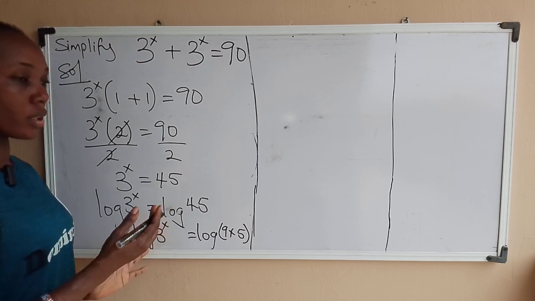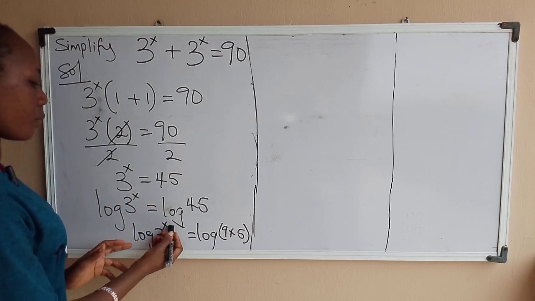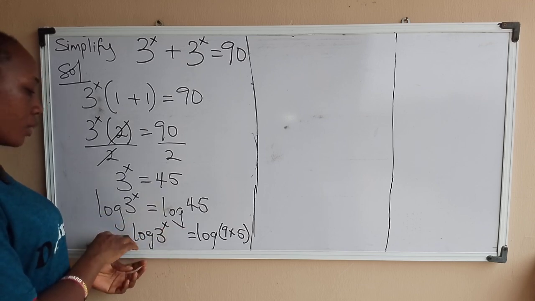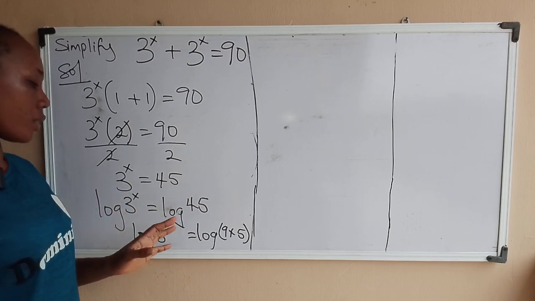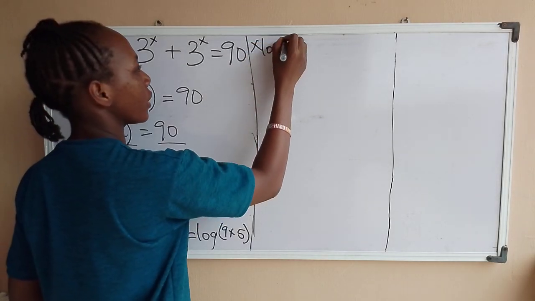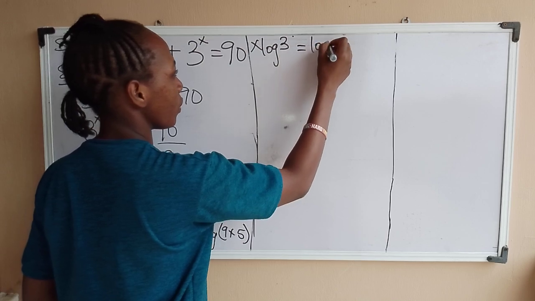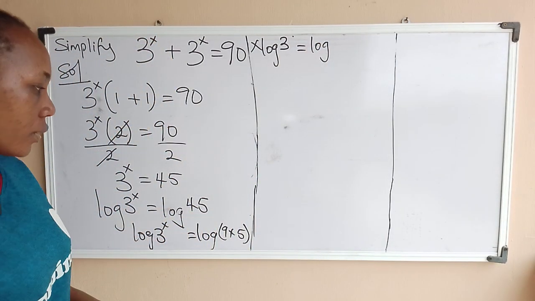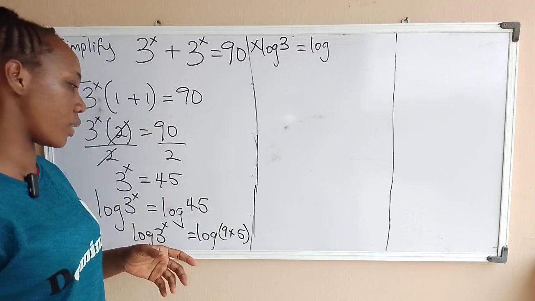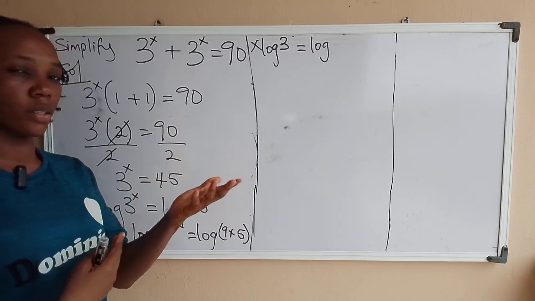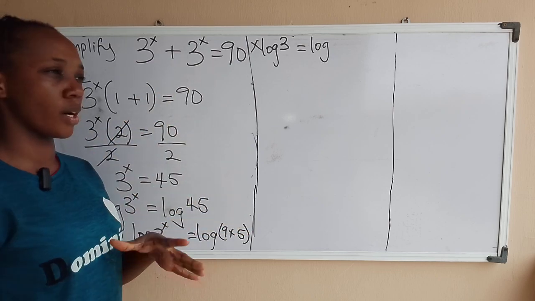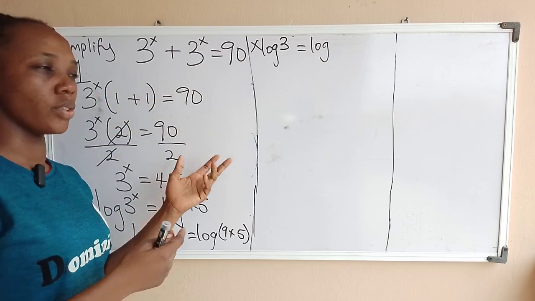All right, so we proceed. Remember, there's a rule in logarithm that says the power can come down, you can bring the power down to this part, they still mean the same thing. So we're going to apply that here, saying x log 3 equals log, and another rule again, almost similar to the law of indices: when you have multiplication, it changes to plus, when you have plus, it changes to multiplication; when you have division, it changes to minus, and minus changes to division.